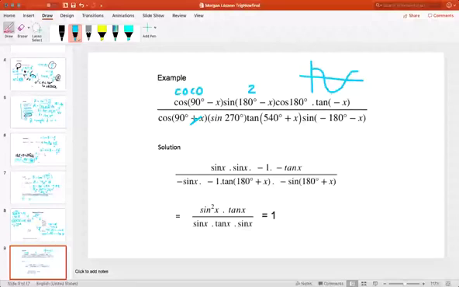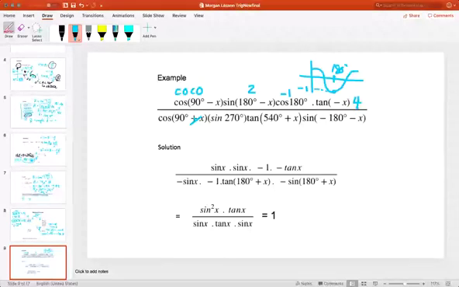It looks something like that. Cos of 180 is always negative 1. So we need to keep in the back of our minds what our original trig graphs look like, because we may have to substitute from there. And tan of negative x is quadrant 4.